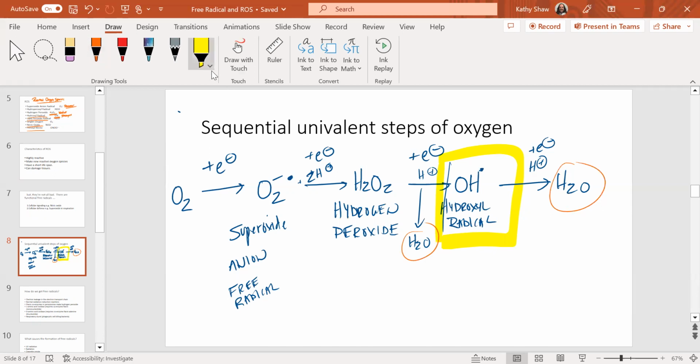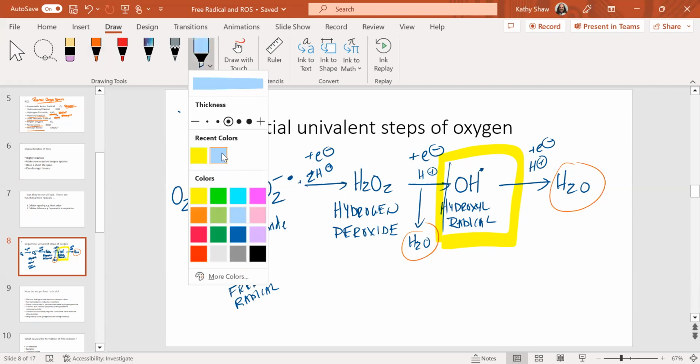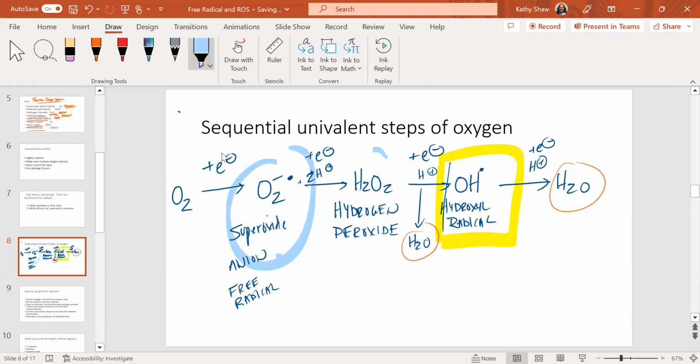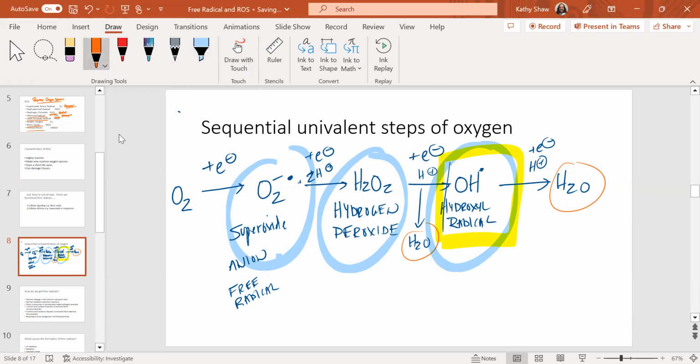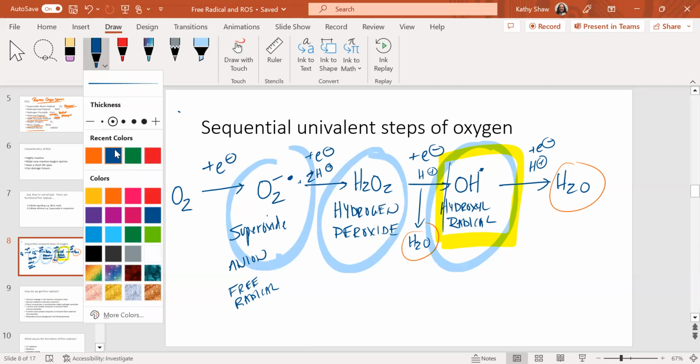I gain 1 electron, I get my superoxide. I gain 2, I get the hydrogen peroxide. I gain 3, I get the hydroxyl. I need to gain that full 4 to get to my water and get to the end of the chain. So when you hear it's partial reduction, as in I don't get all 4, I get part of that 4, that's my problem that makes my reactive oxygen species. If I get my 4 full electrons, I'm good. I've gotten to water at that point.